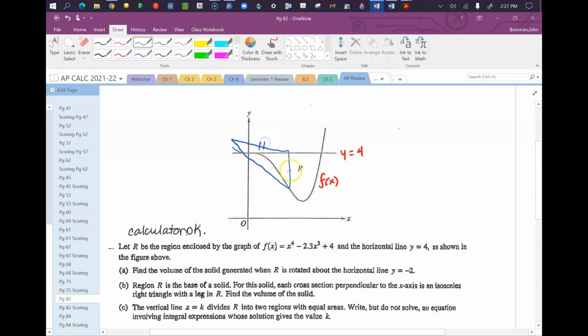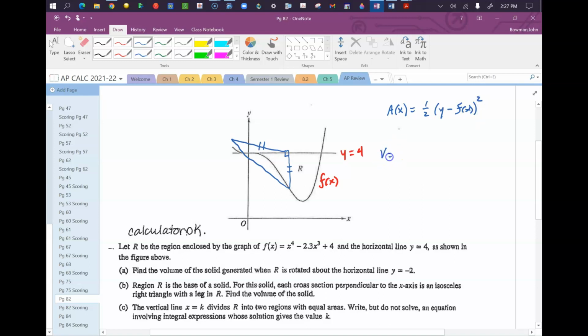Those two legs are congruent to each other, and that's our isosceles right triangle. So we need to find an area function for that.